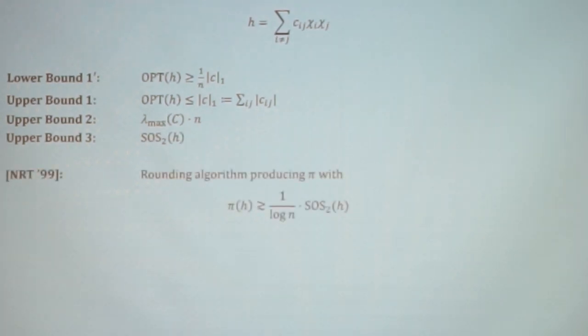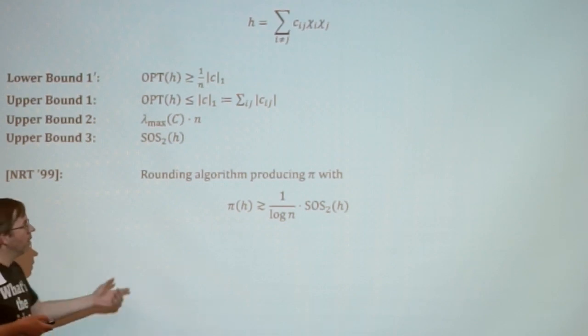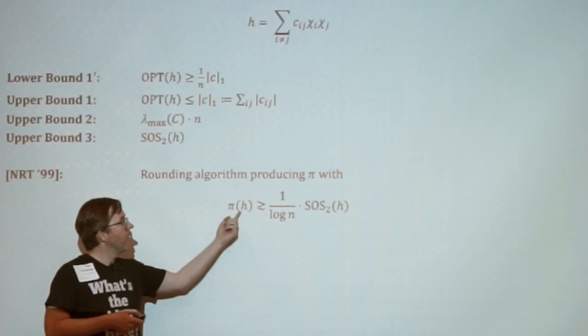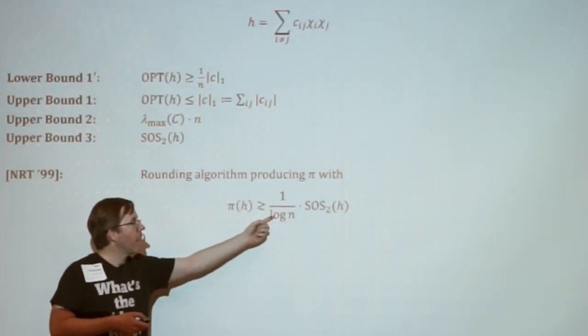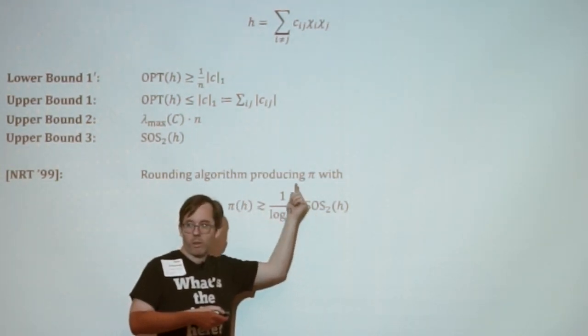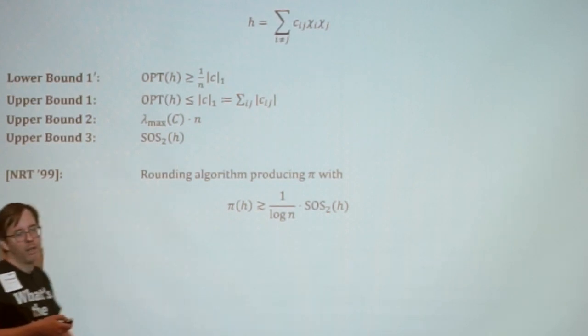Okay, so in this context, let me highlight a key result due to Nemirovsky, Roos, and Terlaki from 1999. They did exactly this. They came up with an efficient rounding algorithm that takes this optimal SDP solution m and converts it into an actual plus or minus 1 assignment pi, which is pretty good. It always gives you an assignment that's at least a 1 over log n fraction of this upper bound, so at least a 1 over log n fraction of opt.